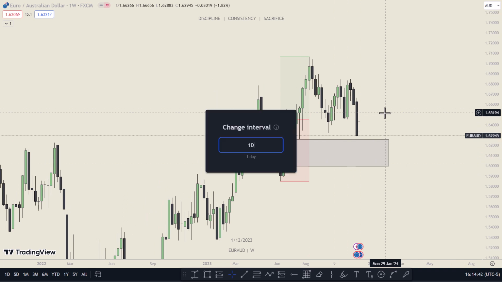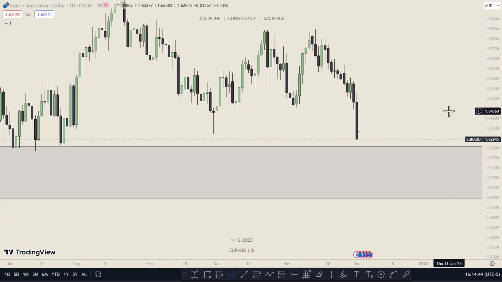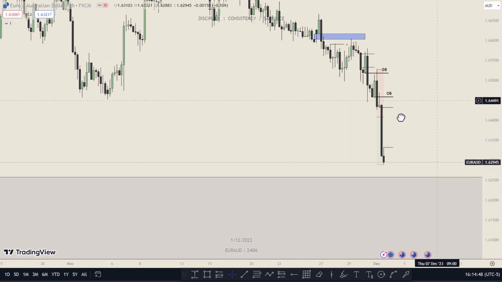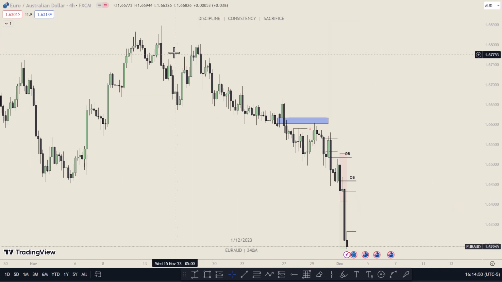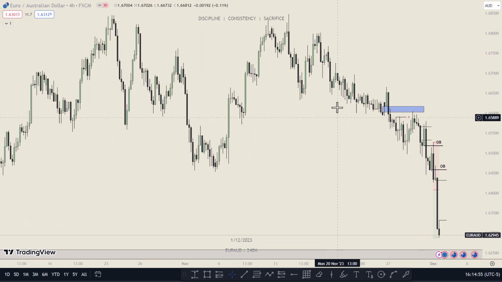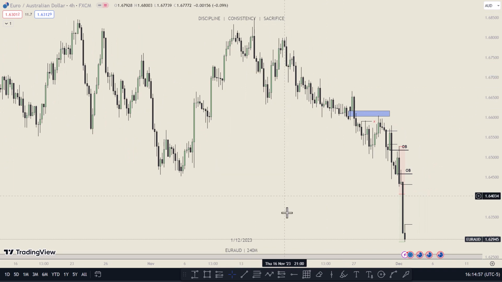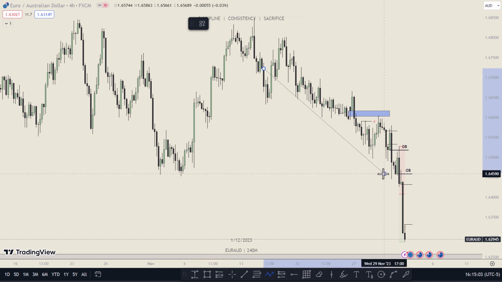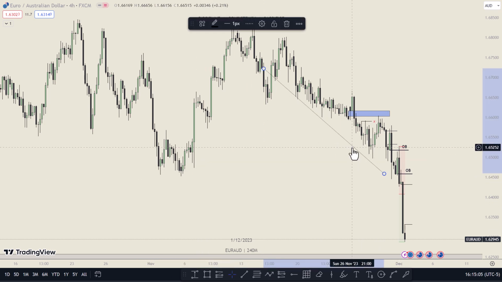Now if you go to the 4-hour time frame, this is what we have. As you can see, from here all the way to here we were on a sell program, and I predicted this move. So from right here to here, to this original consolidation, I shared that on my Twitter account. You can go and check it out.